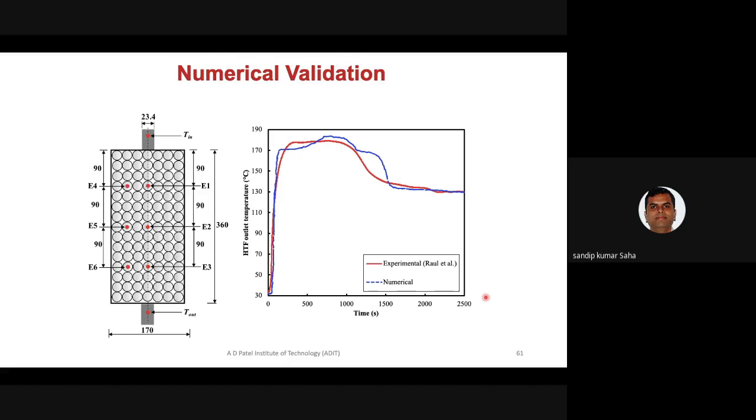Still, why it is not matching fully, I am telling you: in our model we assume that the phase change material is undergoing phase change from solid to liquid, which means I need to also solve the Navier-Stokes equation. But very frankly speaking, we don't solve it, because Fluent does not allow you to solve one more Navier-Stokes equation.